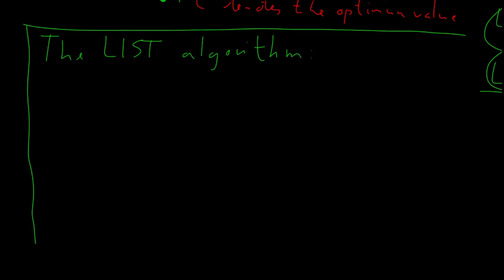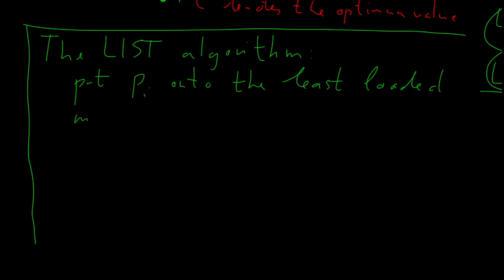It says: let's put p_i onto the machine which is the least loaded one, the least loaded machine.